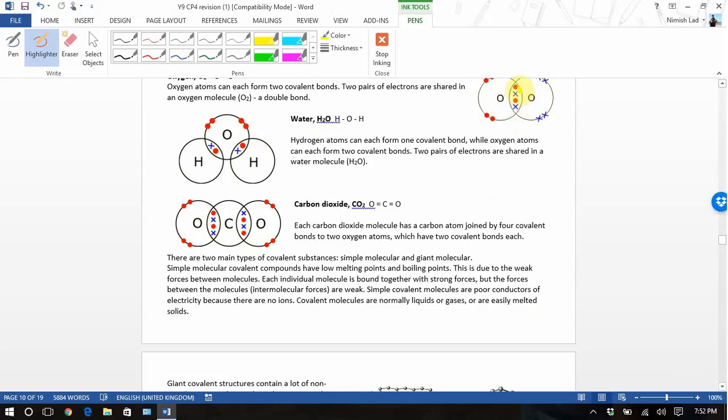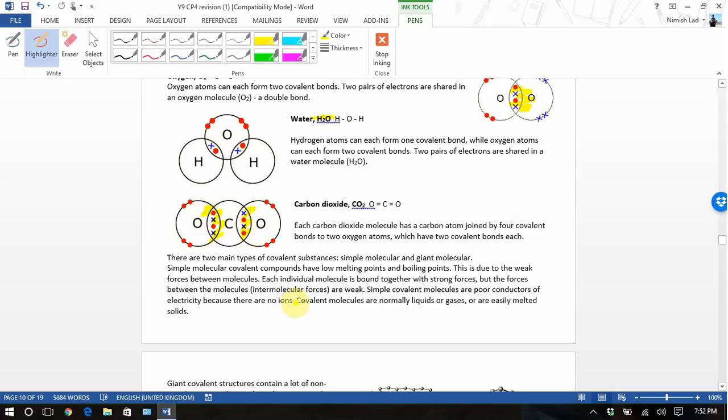It shares with another oxygen, so they both end up with 8. Oxygen has 6, needs 2 more. Shares with hydrogen, H2O. Carbon has 4, needs 4 more. Shares with oxygen, ends up with carbon dioxide. So both the oxygens have 8 and the carbon has 8 now.